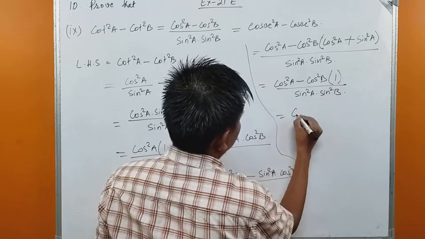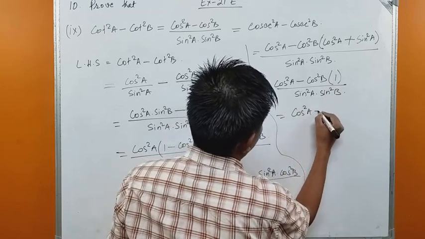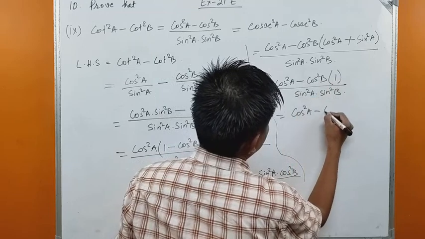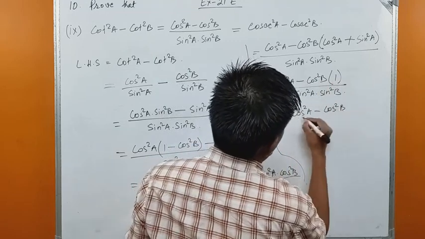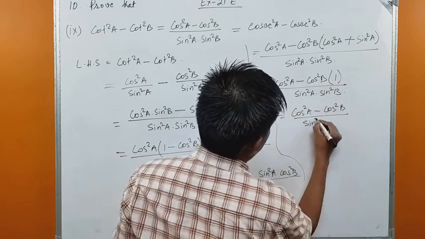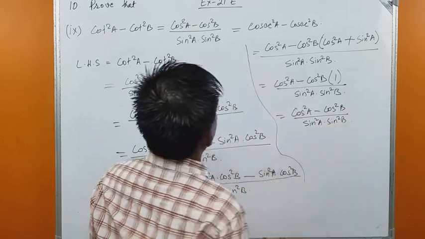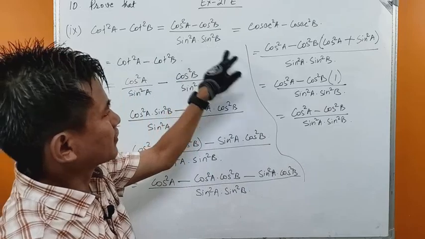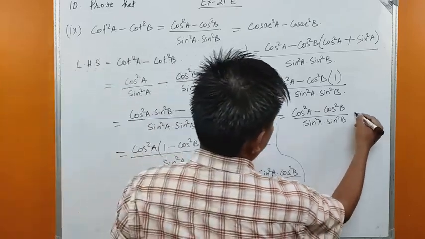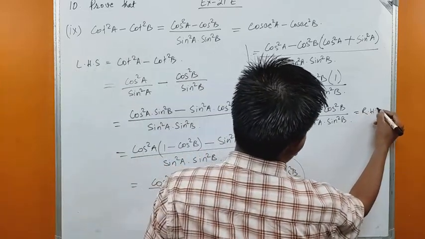So cos square a minus cos square b into 1, cos square b, upon sin square a sin square b. So one condition is proved, this equals RHS, hence proved.